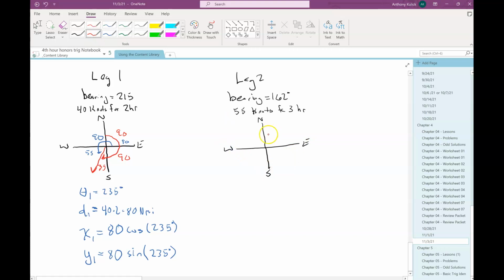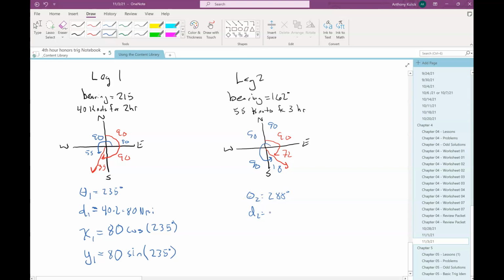So my bearing here, 162, puts me over here. So that's 90 and 72. So my standard position angle is here: 90, 90, 90, and 18. So that's going to be 288.